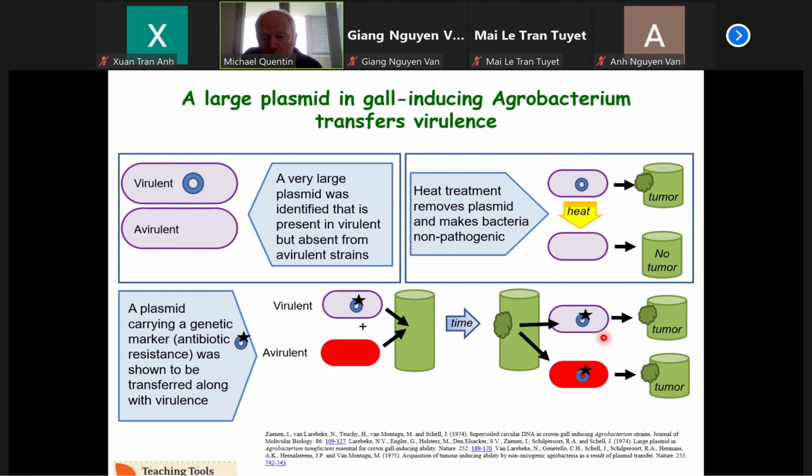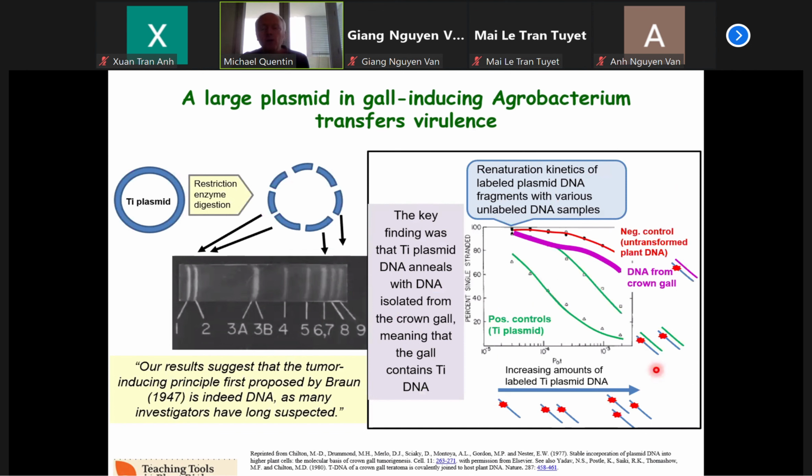And all the strains, including the avirulent bacterial strain isolated from the gall, were producing tumors, and all the strains became resistant to the antibiotic. So it was the confirmation that it was this plasmid that was responsible for the formation of the tumor. Okay? And the plasmid was called the tumor-inducing plasmid.